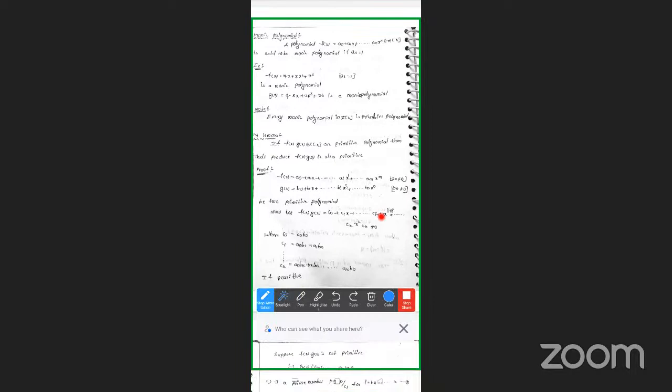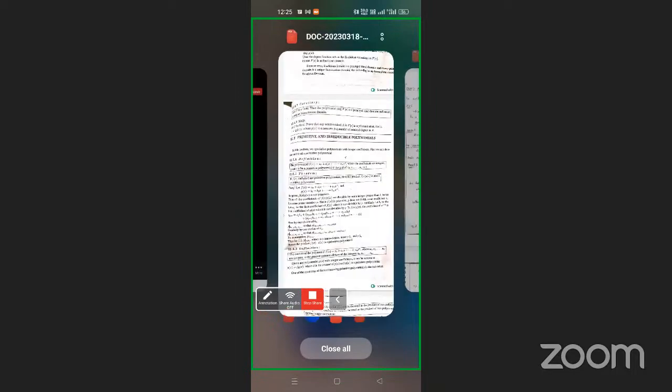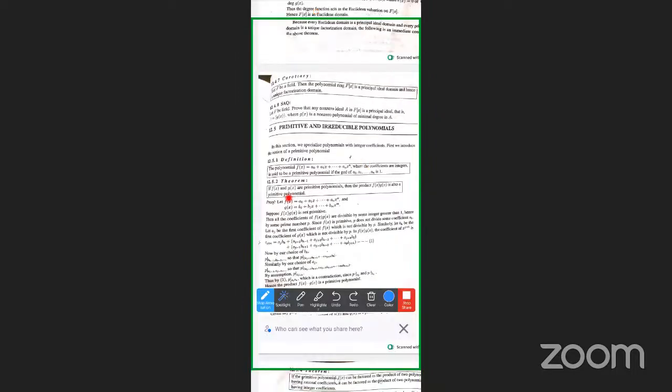Theorem: if f of x, g of x belong to Z of x and are primitive polynomials, then the product f of x into g of x is also primitive. This is the question, 12.5.2.